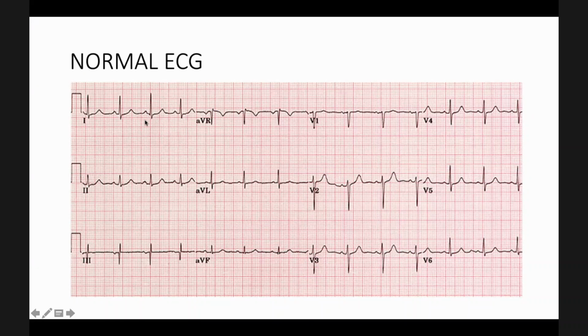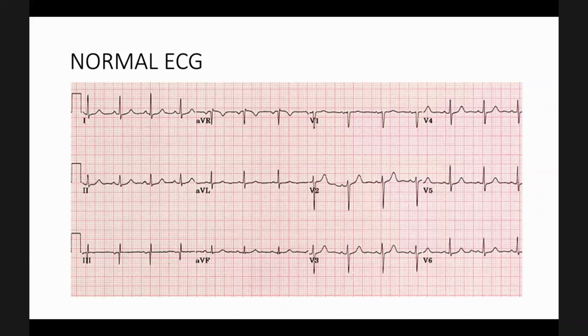When you are reading an ECG, you look first at the P wave, then the QRS, then the T. The first thing to see is whether the patient is in sinus rhythm or not. If the P waves, QRS and T are there, the patient is in sinus rhythm.